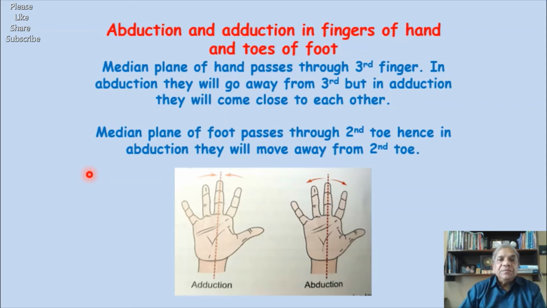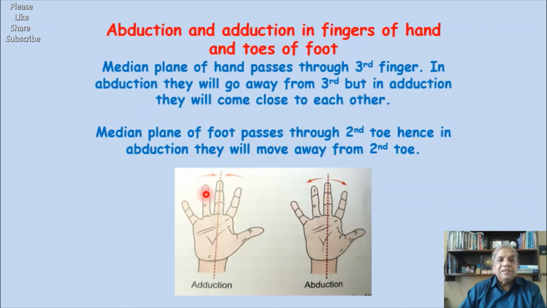So the median plane of the hand passes through the third finger. See this dotted line here? This is the third finger or middle finger through which this plane is passing. So now, abduction will be when the fingers go away from each other, except the third, which remains stationary.